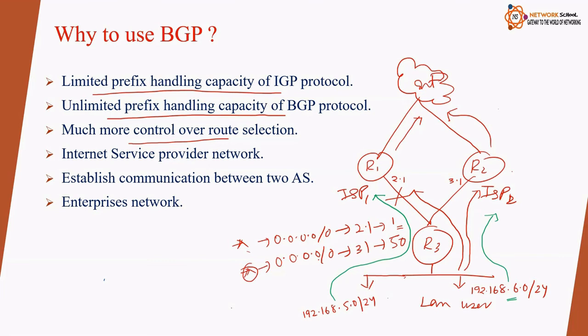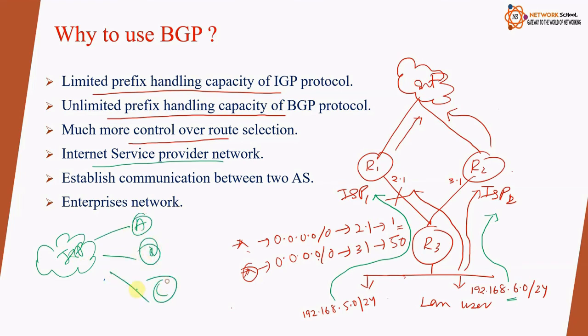Then we can use BGP if we are a service provider. Let's say we are a service provider and we have customer A, customer B, customer C, and customer D. Each customer has their own autonomous system. To establish connections between the different autonomous systems, we have to use BGP.